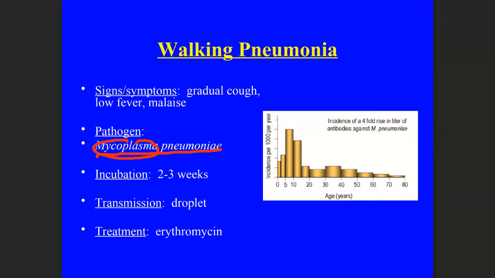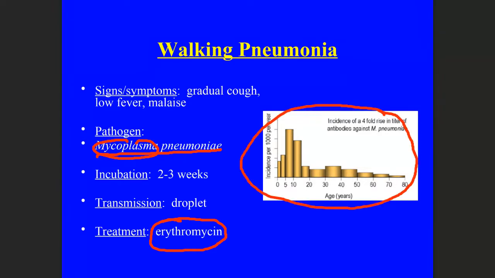And then later on in the disease, they get a fever and malaise. And well, the number one treatment for this is erythromycin. Also, while any age group can get walking pneumonia, which age group can you guess is more likely to get pneumonia than any other?